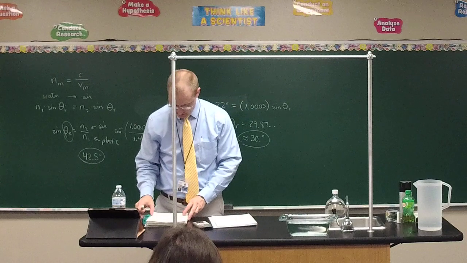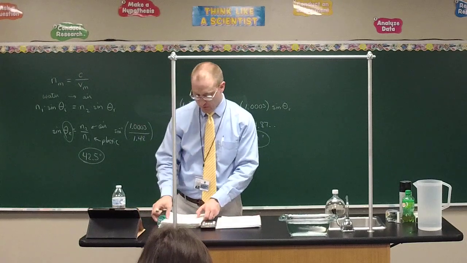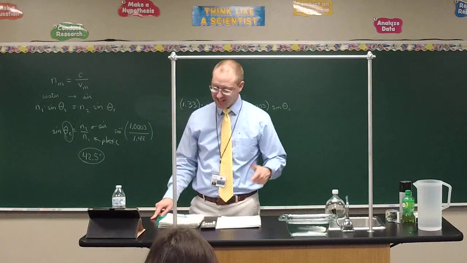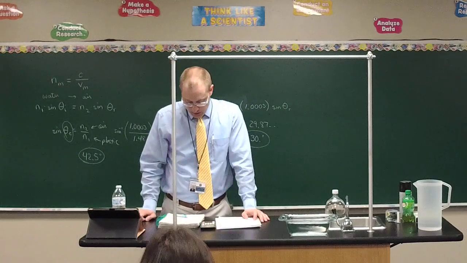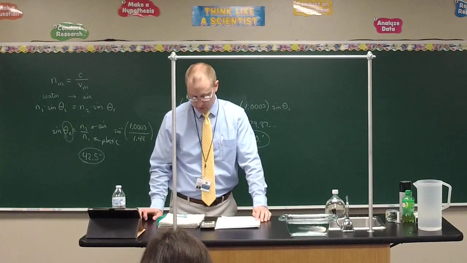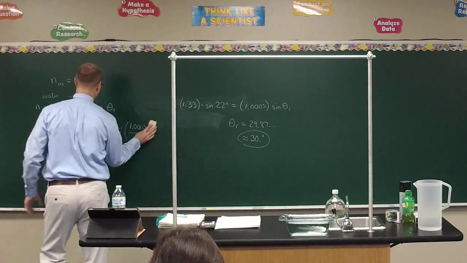Look at problem number 9. And you're going to need a reference, page 294 for this. Find the critical angle of light traveling from flint glass into ethanol. From flint glass into ethanol. Now just find that critical angle.